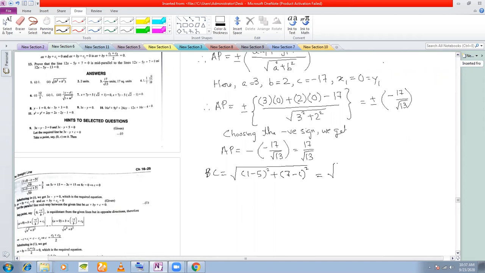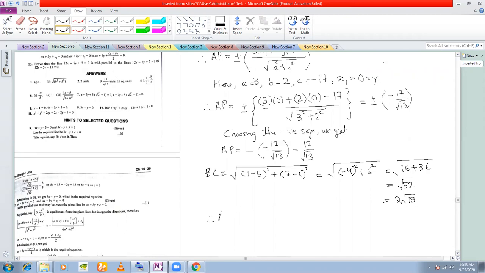So this is root over of minus 4 square plus 6 square, which is root over of 16 plus 36, which is 52. Square root 52. If you want to write this in mixed form, prime factorize 52. You'll get 2 root 13, right? 13 into 4 is 52. That is why you'll get 2 root 13.